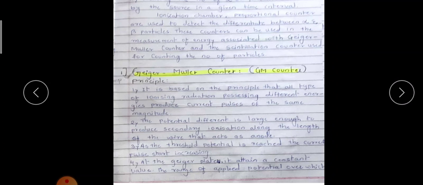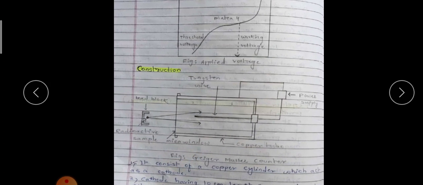The Geiger plateau is the range of applied potential over which the current remains constant. After that, there will be continued discharge, and that is what we are going to monitor and detect. Now we have to see the construction.